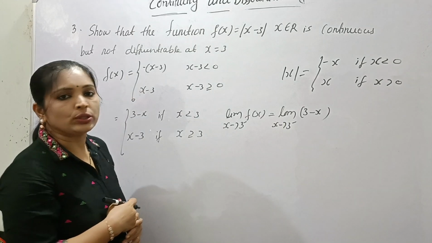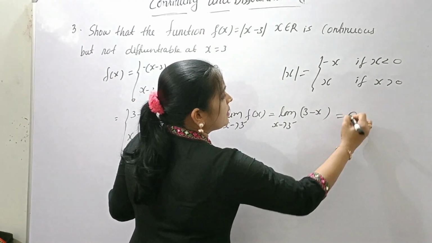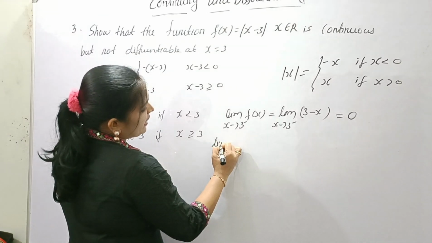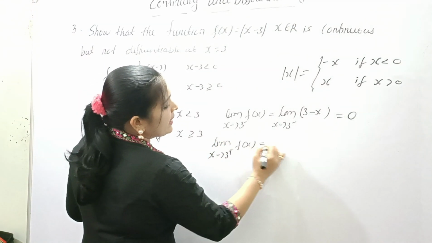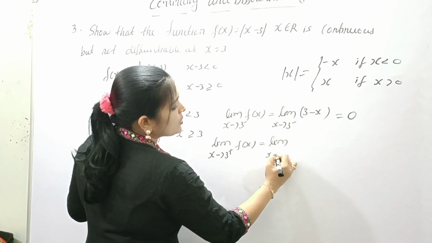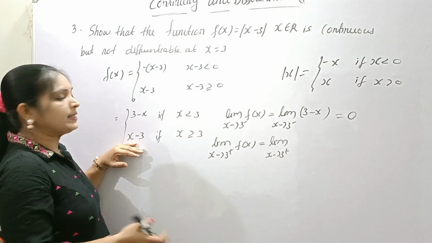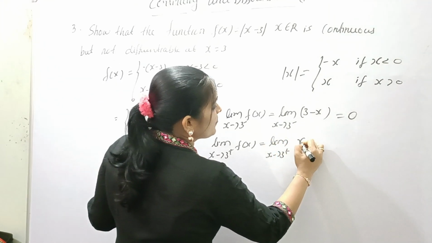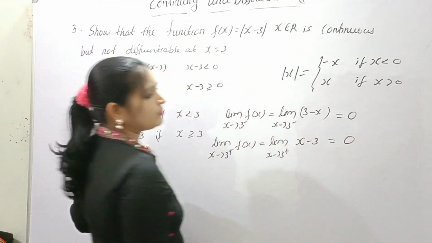Now let's put x is equal to 3, what you will get? 0, right? Then next we will find right hand limit. Limit x tends to 3 plus f of x, when x greater than 3, f of x is x minus 3. So here also substitute x is equal to 3, we will get 0.